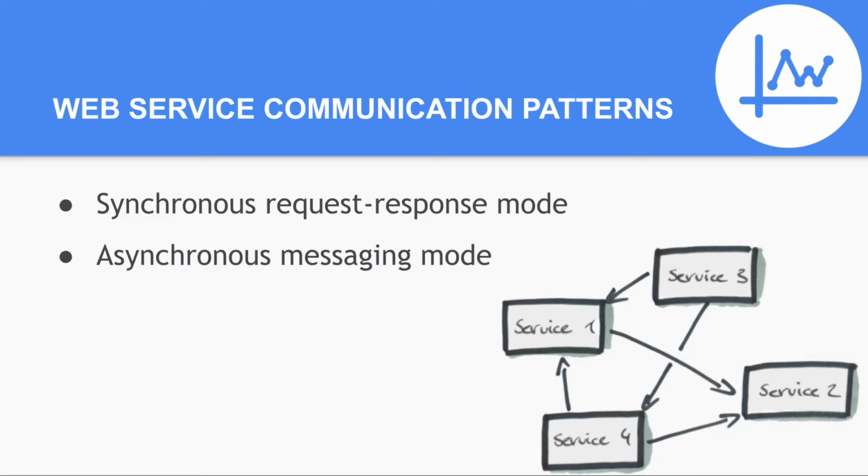The second type is Asynchronous Messaging mode. This mode is used when the requester doesn't expect either an immediate response or any response at all. This mode provides maximum scalability and resiliency. In this course, we will only consider Synchronous Request-Response mode in detail.